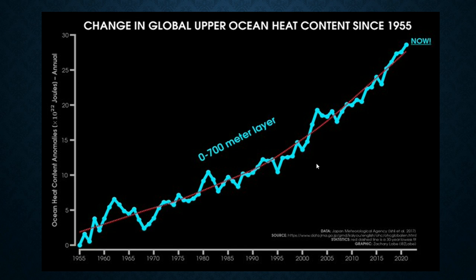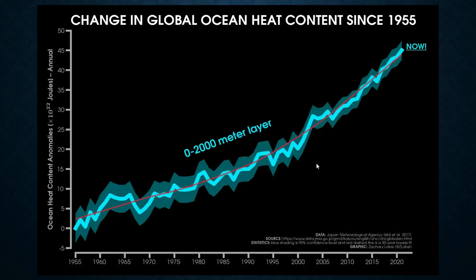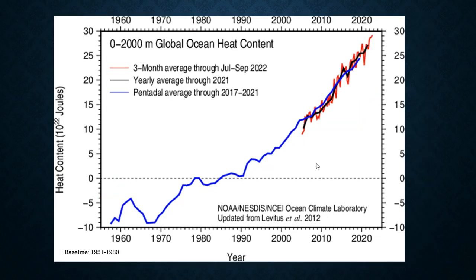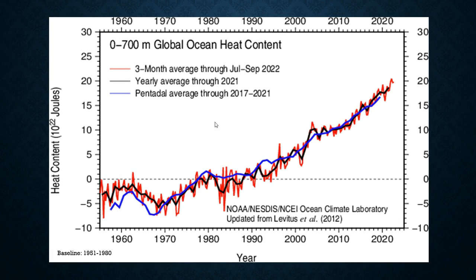Now we do the same thing, but looking at the 0 to 700 meter layer. What I'm doing here is showing overall 0 to 2,000 meters, then I break it down to 700 meters, compared to the baseline.